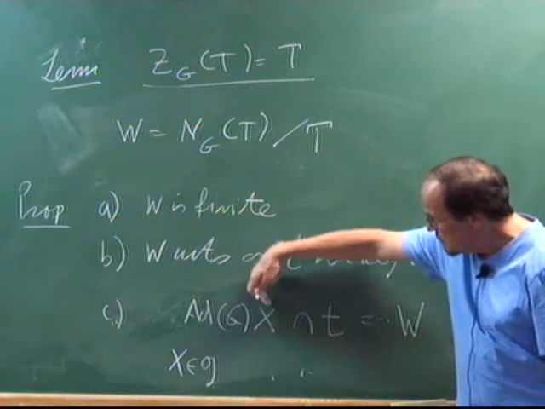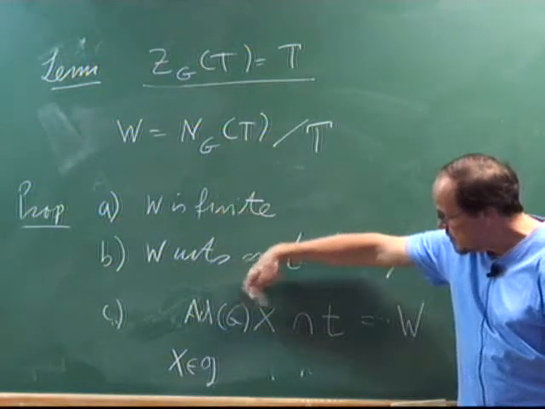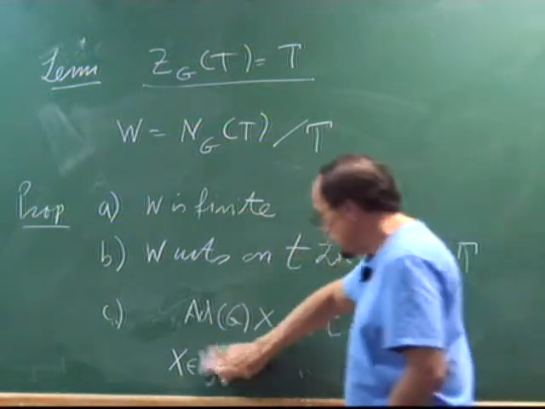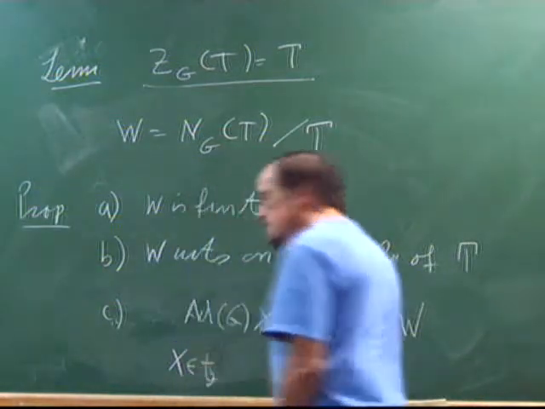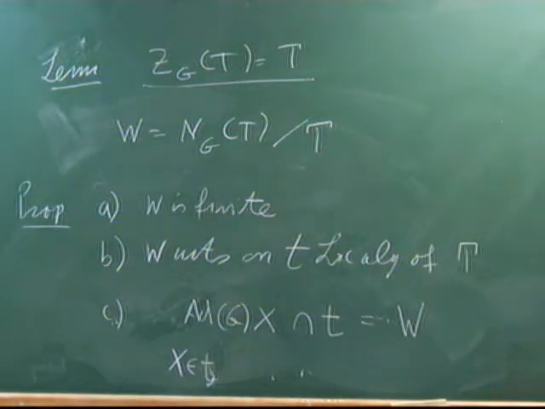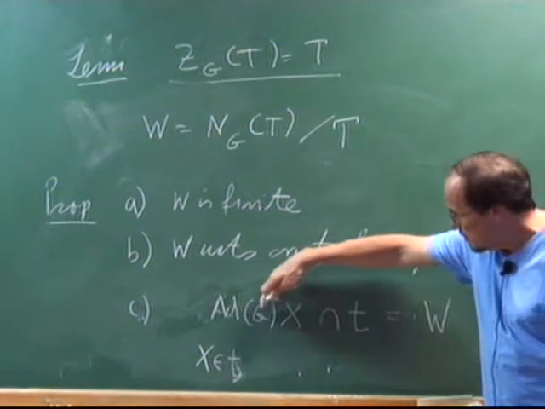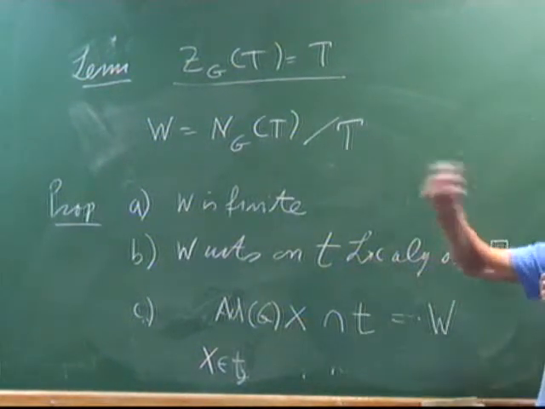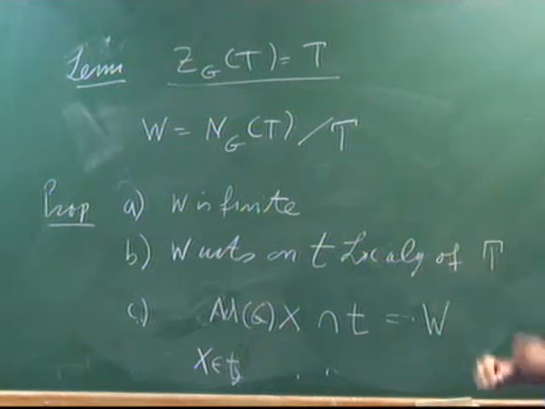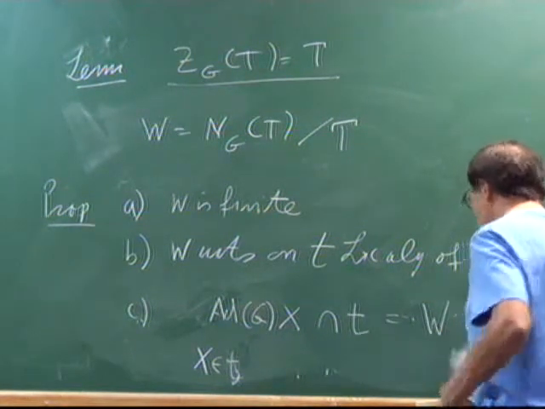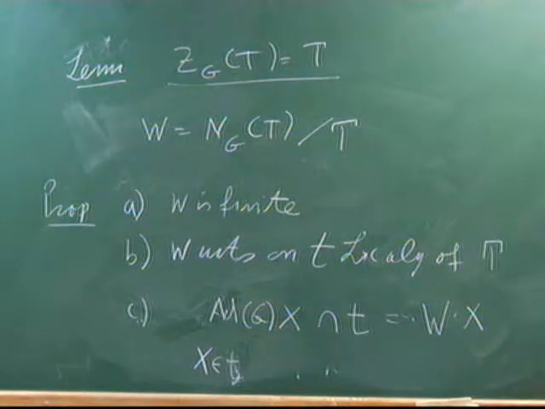Remember that for this adjoint orbit, I can take any x that's conjugate to it. So you might as well conjugate into the maximal torus first, and then look at the adjoint orbit. So now x lies in T here. I look at the adjoint orbit of that vector in T inside G. Now I want to see how many times it intersects. And I claim it's the orbit of W.